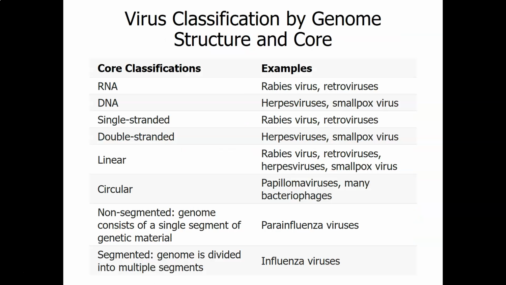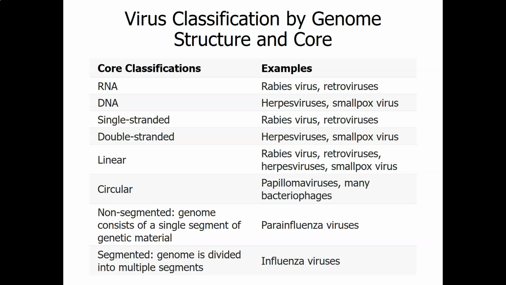All right, so viruses can be classified according to their nucleic acid core and also according to their structure. So some things that we look at are whether the nucleic acid is RNA or DNA, and then whether it's single-stranded or double-stranded. So I'll give you an example.